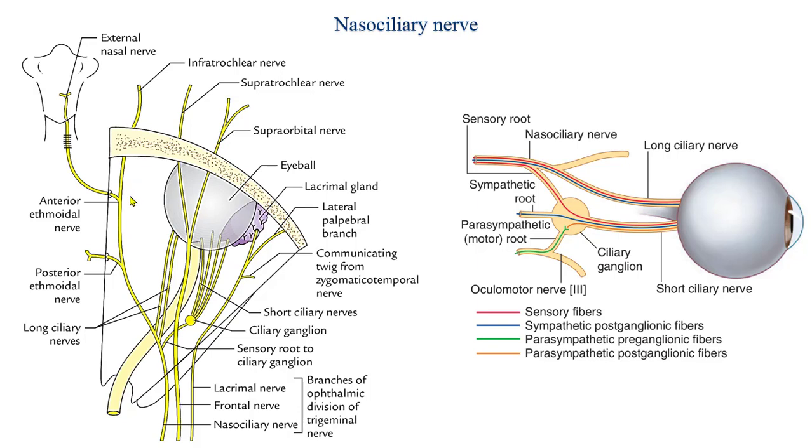The anterior and posterior ethmoidal nerves serve the ethmoidal and frontal sinuses. Internal and external nasal branches derived from the anterior ethmoidal nerve supply the mucous membrane of the anterior septum and the skin over the ala of the nose respectively.